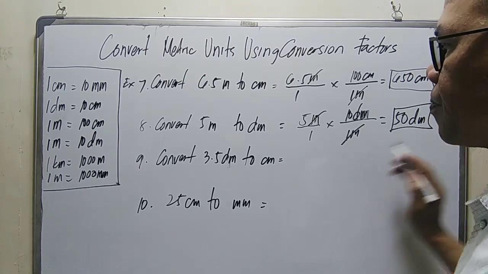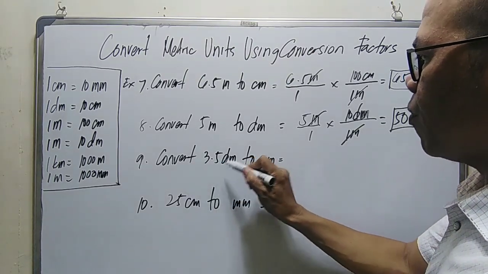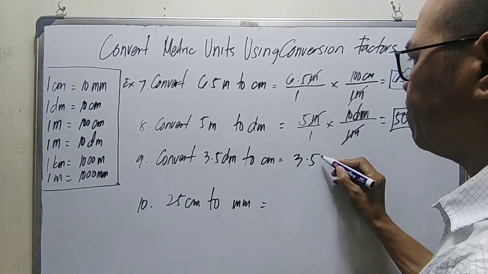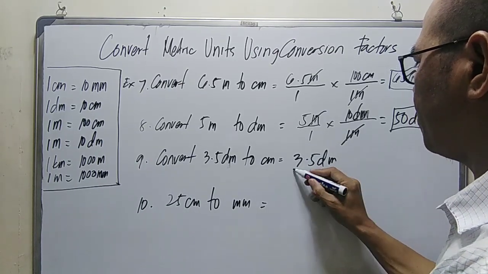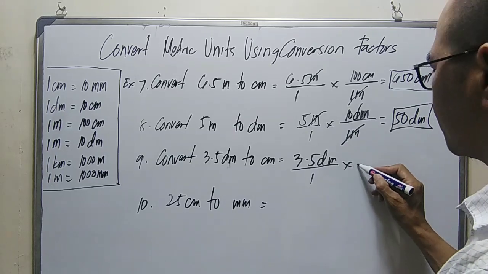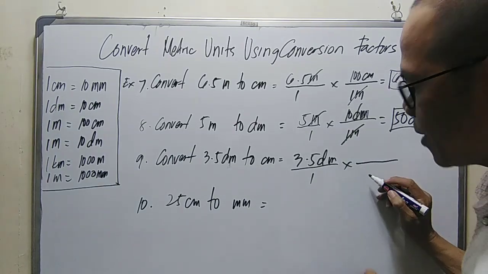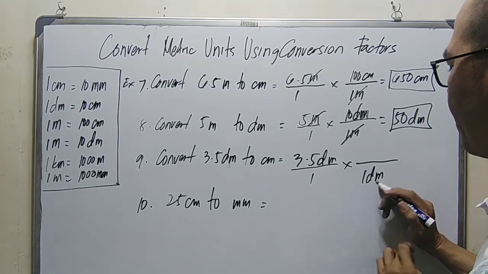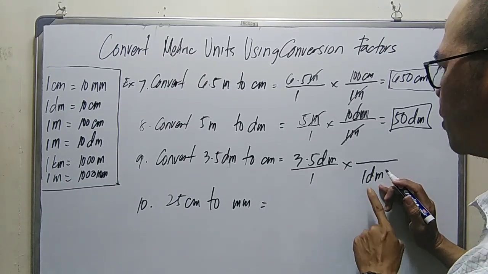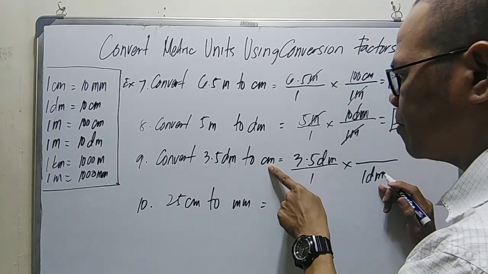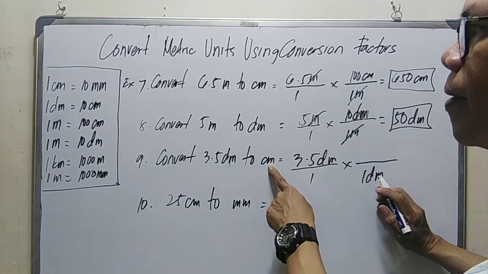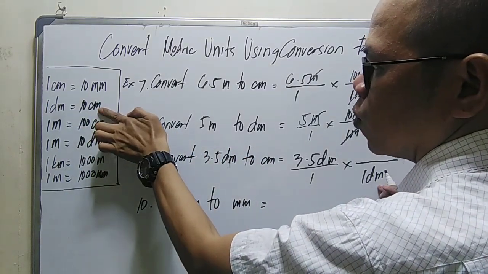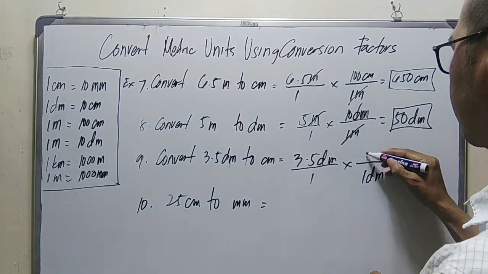Number 9. Okay, convert 3.5 decimeter to centimeters. So, 3.5 decimeters over 1 times yung denominator natin dito is 1 decimeter. Okay? So, dapat 1 decimeter is equal to cm. Ilang centimeters yan? So, 1 dm or decimeter, that is equal to 10 centimeters.